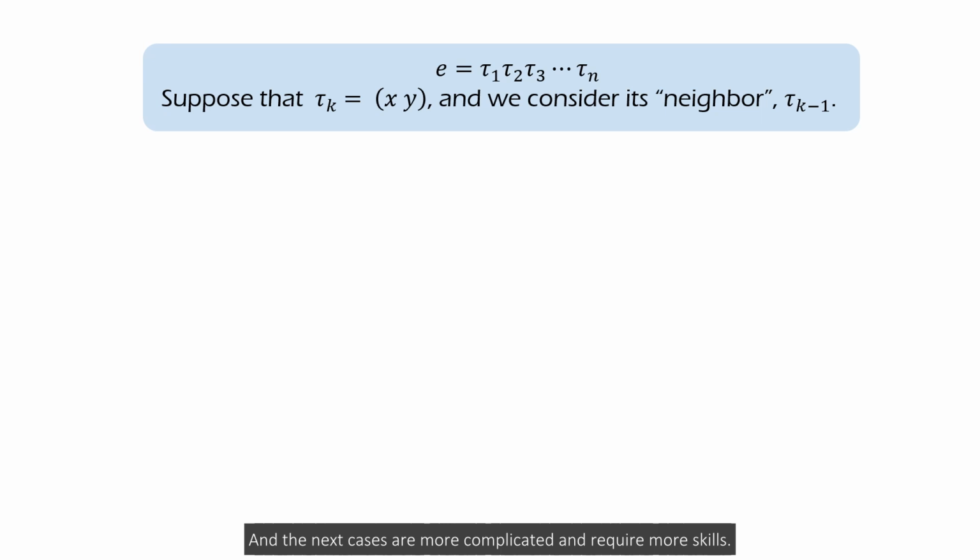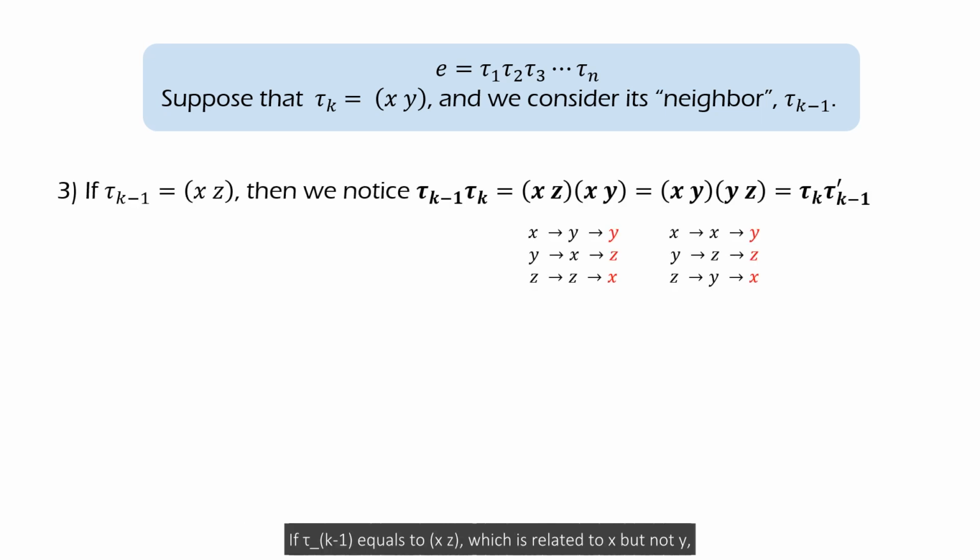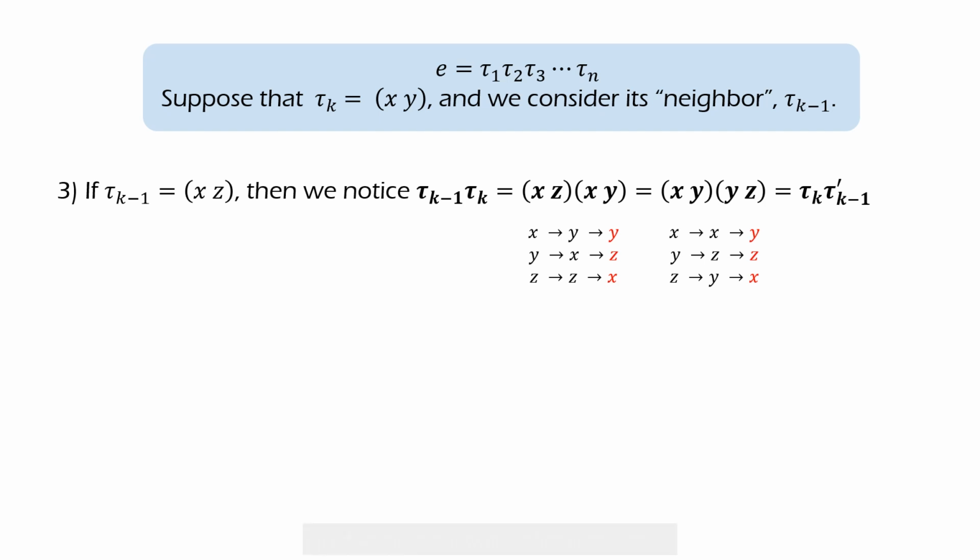And the next cases are more complicated and require more skills. If τk minus 1 equals to bracket xz, which is related to x but not y, then we can switch τk by noticing that bracket xz times bracket xy equals to bracket xy times bracket yz, and yz is unrelated to x. To check why it's true, you can compute the product yourself on the draft paper or look at the hint on the screen.